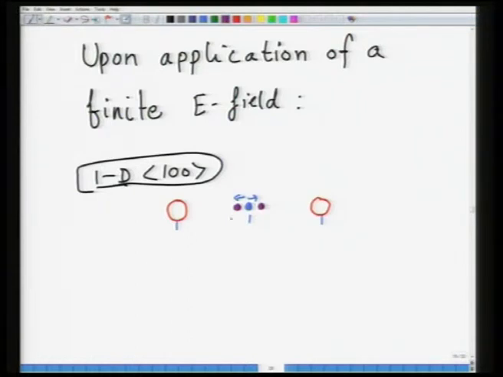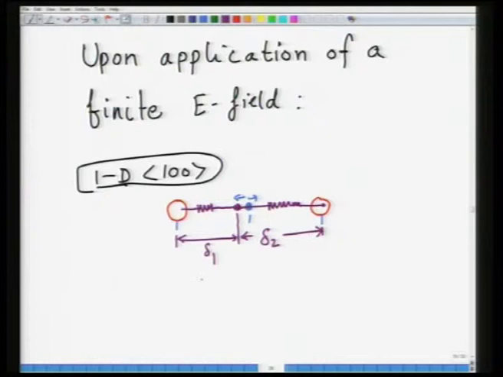So, what will now happen is, let us assume that the position is the left one. If that was true, then this bond has become compressed and this bond has become longer. So, which means this distance is now delta 1 and this distance is now delta 2.